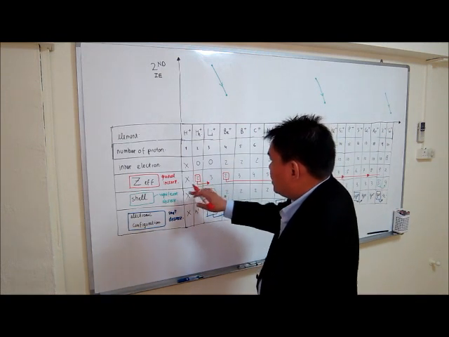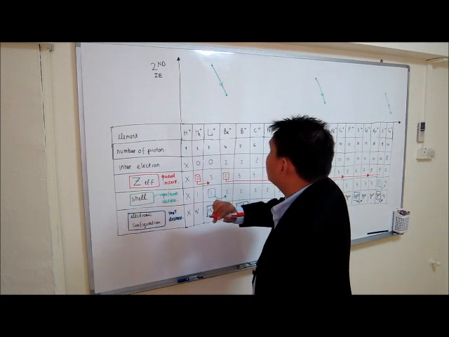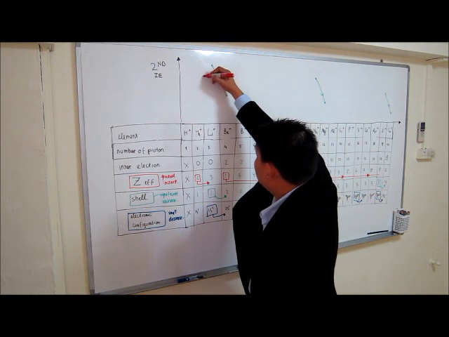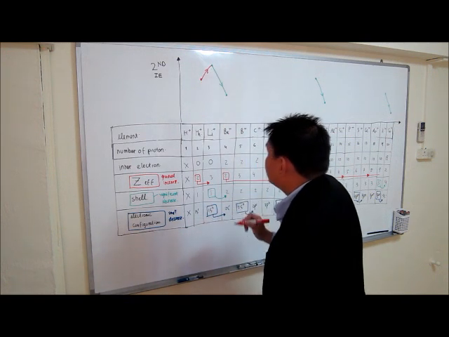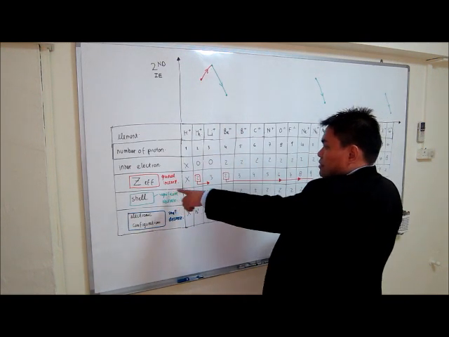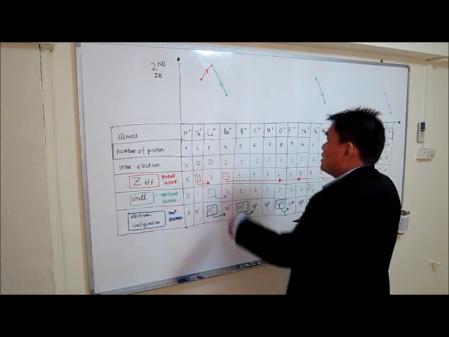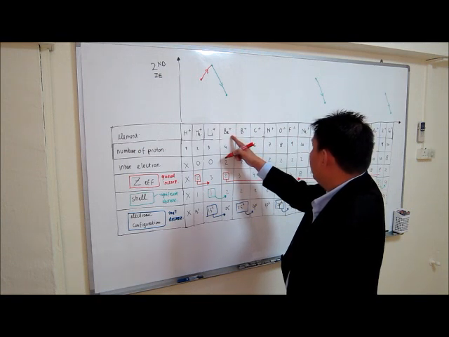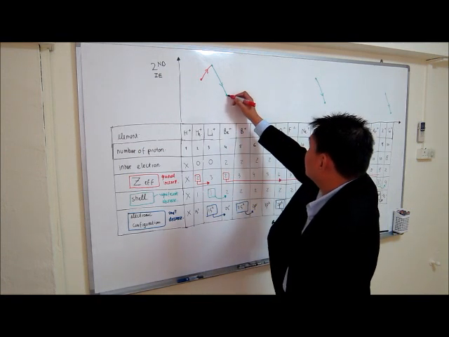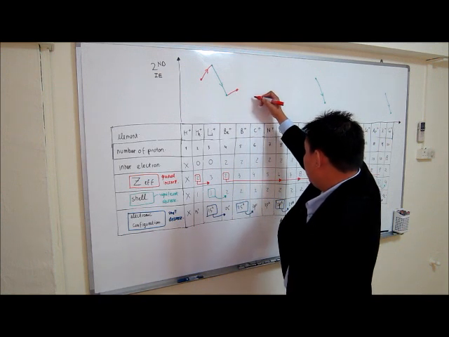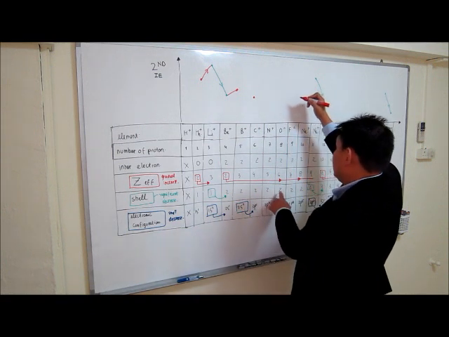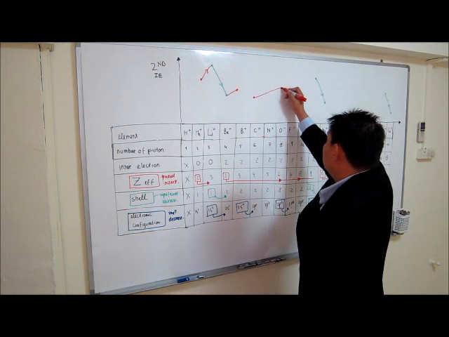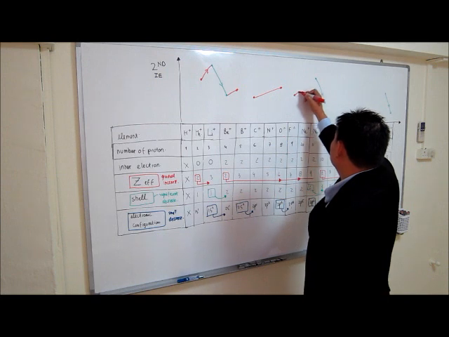We are going to draw the effect of increasing effective nuclear charge. So we draw a gradual increase from He+ to Li+, and also from Be+ all the way to Na+. Carbon all the way until oxygen, then this one.